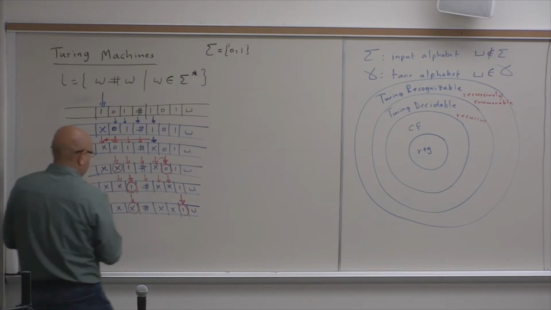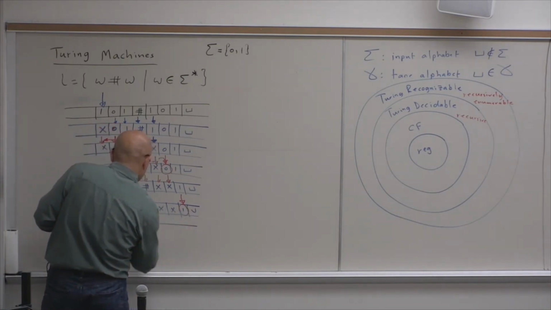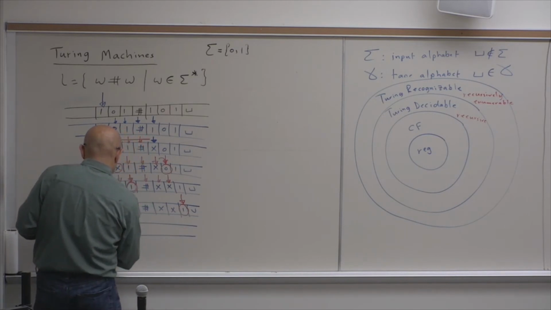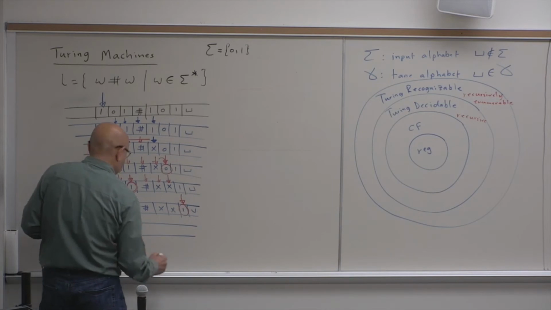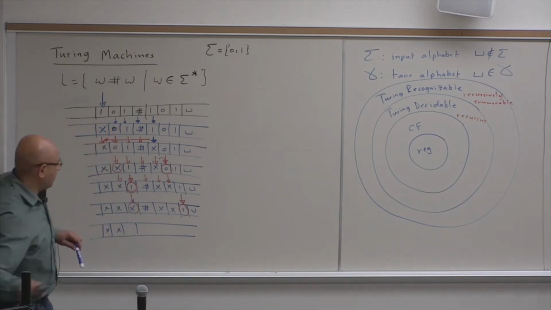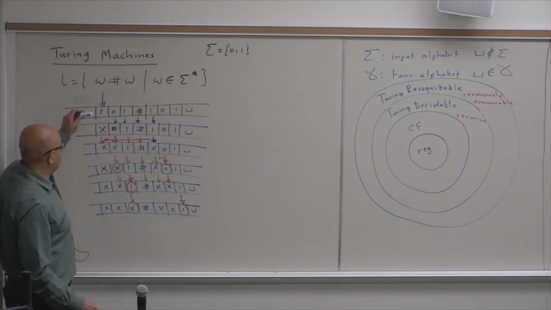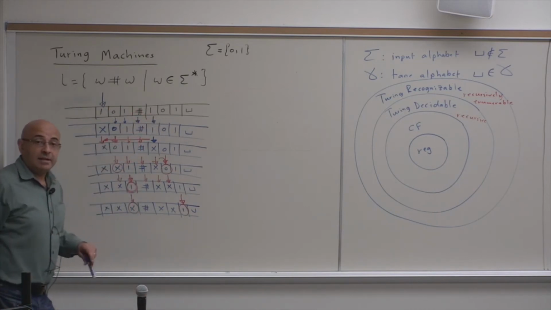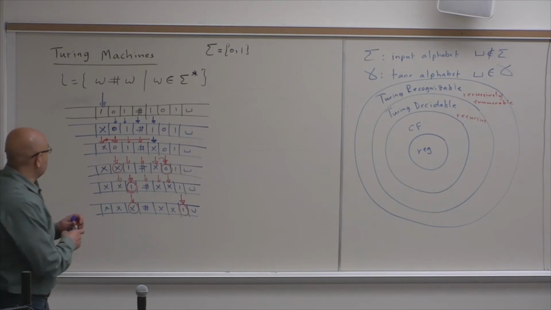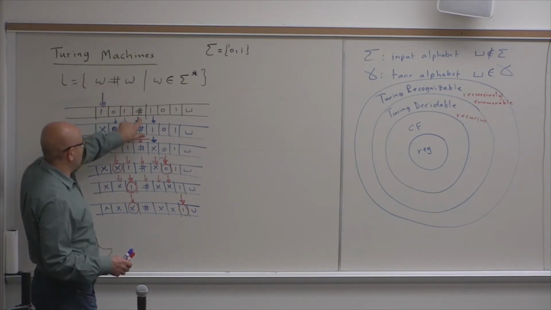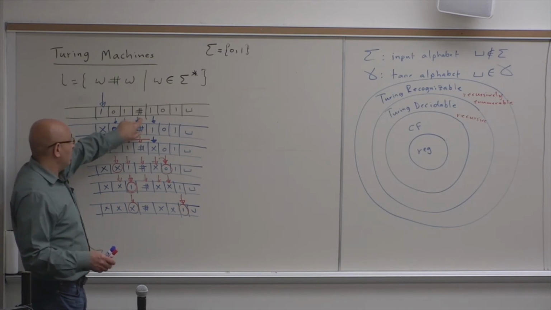And by the way, this is similar to a program that you would write to do this, right? You can easily write a program that takes this as input and determines if the two strings on the two sides of this special symbol are equal or not.